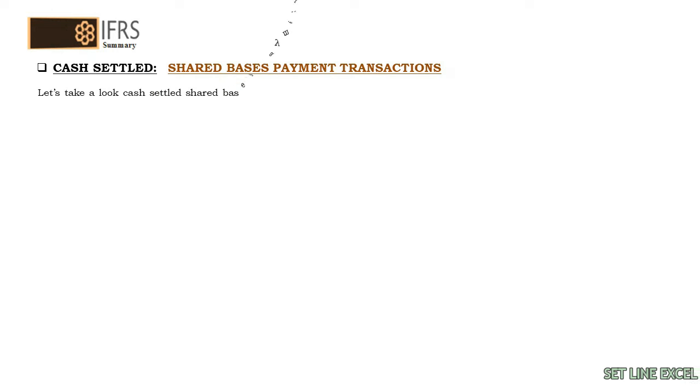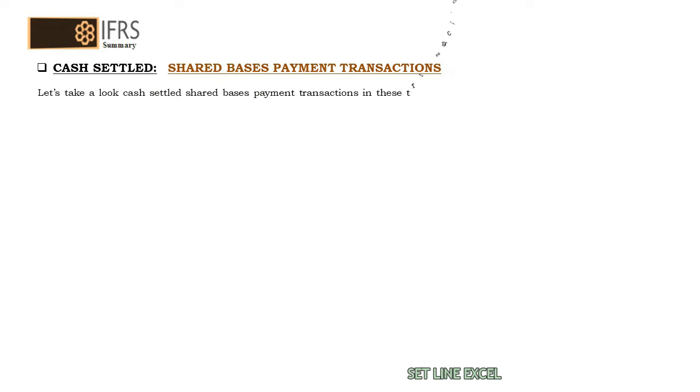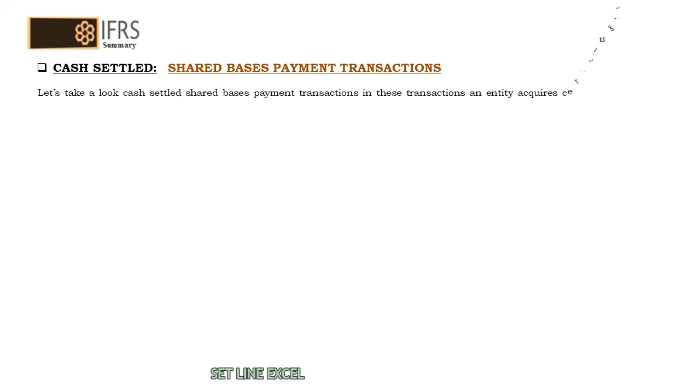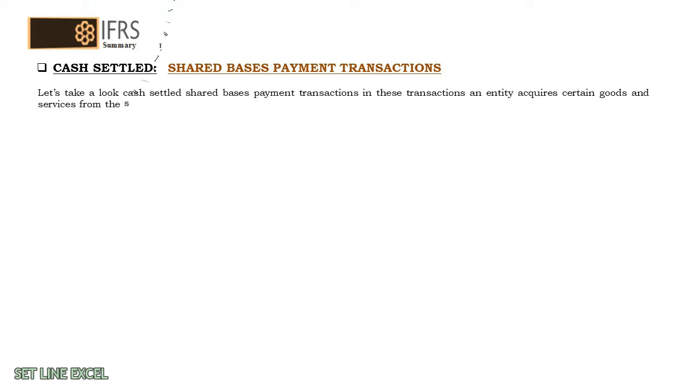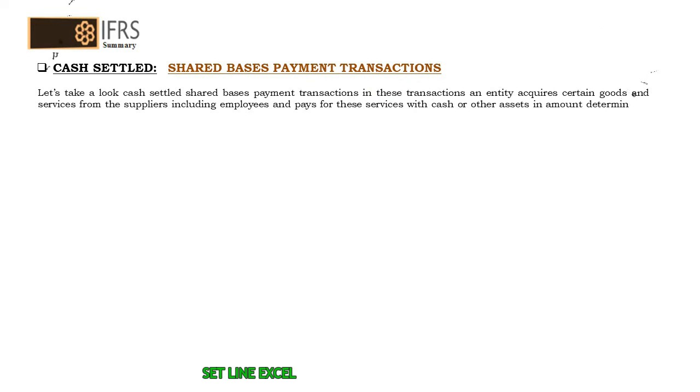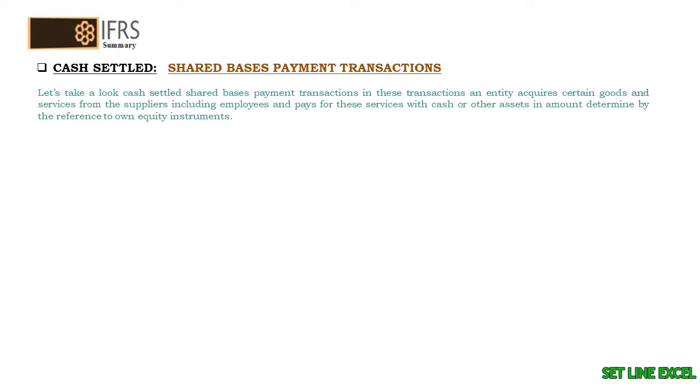Cash settled share-based payment transactions. Let's take a look at cash settled share-based payment transactions. In these transactions, an entity acquires certain goods and services from suppliers, including employees, and pays for these services with cash or other assets, in an amount determined by reference to its own equity instruments.